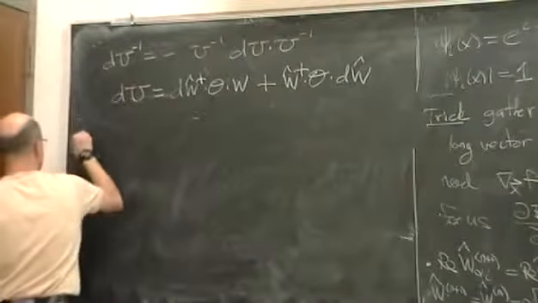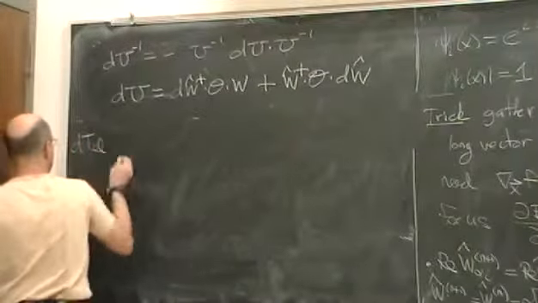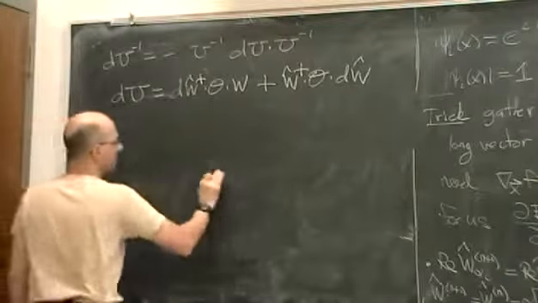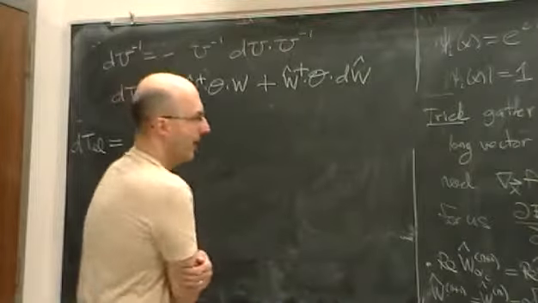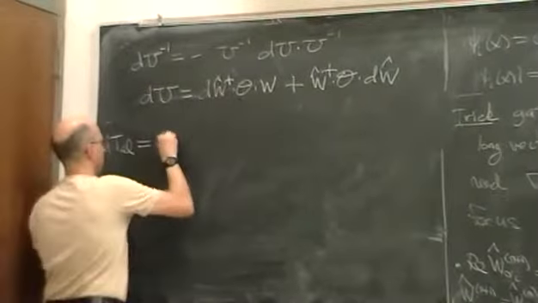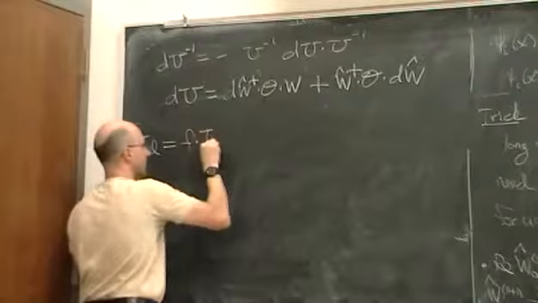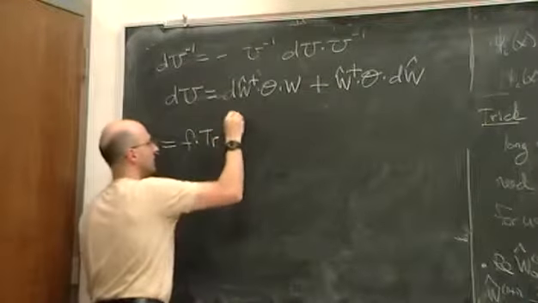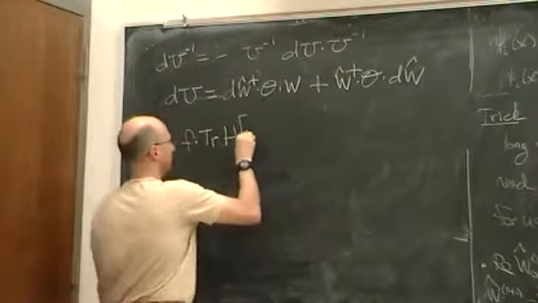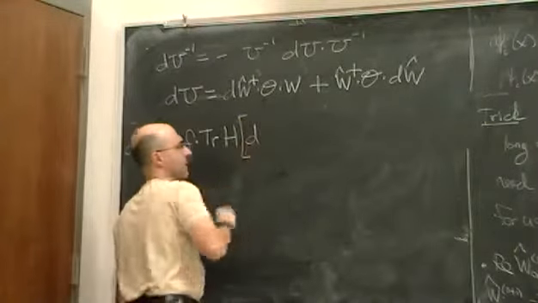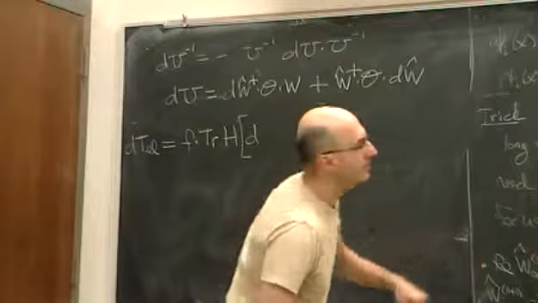So the differential of the electronic energy is going to look something like, F times the trace of H times dP, and dP had, where is he up here? dW, right?